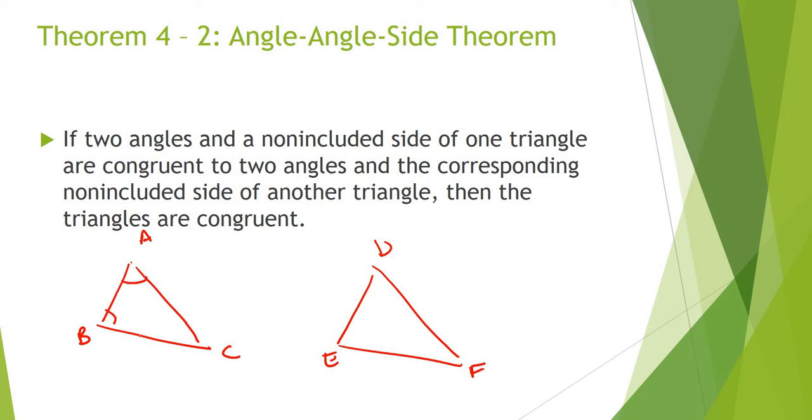So A, B, and side BC are congruent to D, E, and side EF. So A and D are congruent, B and E are congruent, and BC is congruent to EF. So that's another way to show congruency.